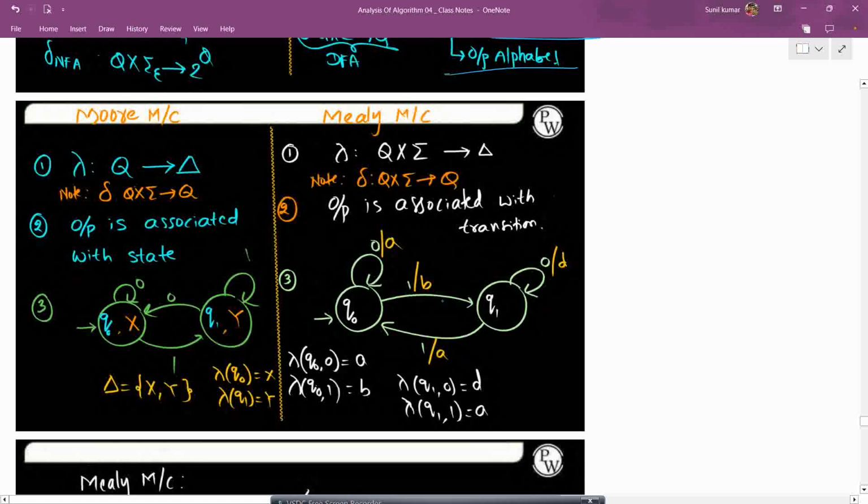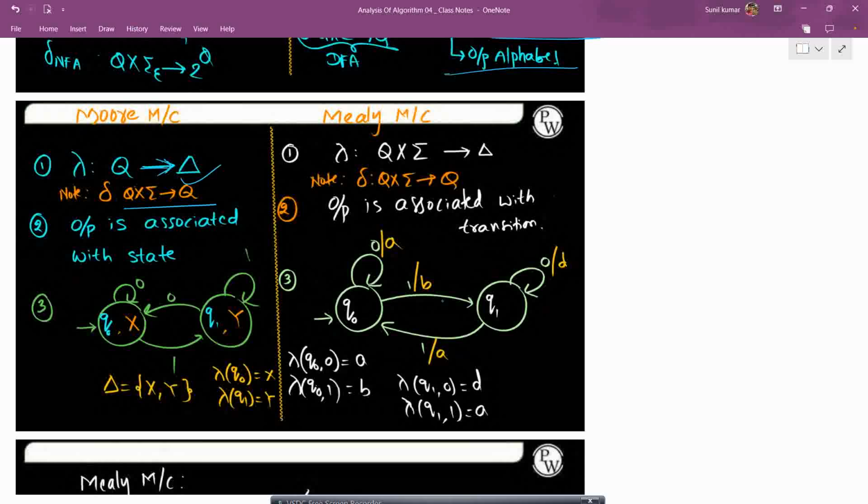So what is Mealy machine is that this is the transition function of input and Q. It will generate some output, going to the output alphabet.